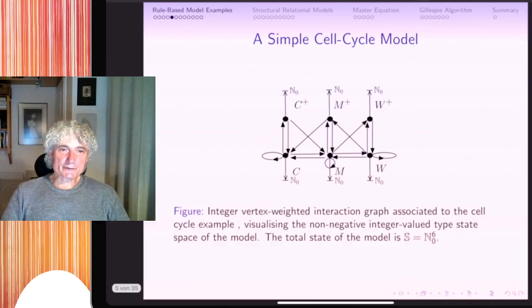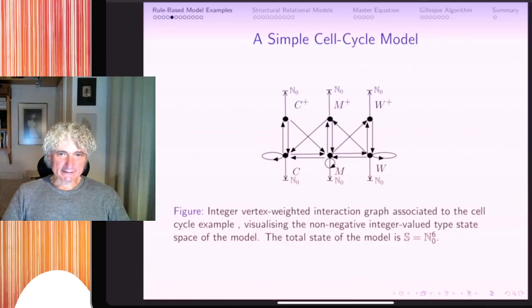I would already give you a look at what will be the type graph of this model. Remember, we introduced type graphs already before when we looked at structural models and introduced classifications.